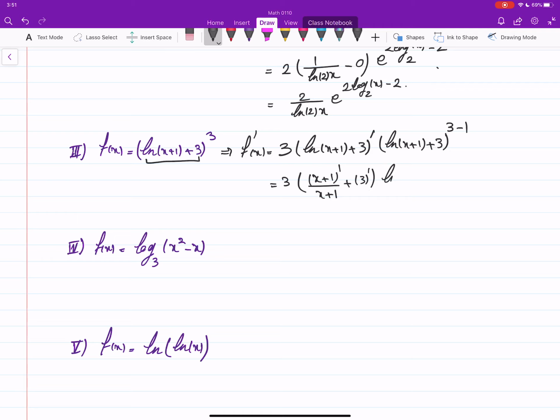So this is ln of x plus 1, plus 3, to the power 2. Derivative of x plus 1 is 1. Derivative of 3 is 0. So we get just 3 over x plus 1, times ln of x plus 1 plus 3, to the power 2.